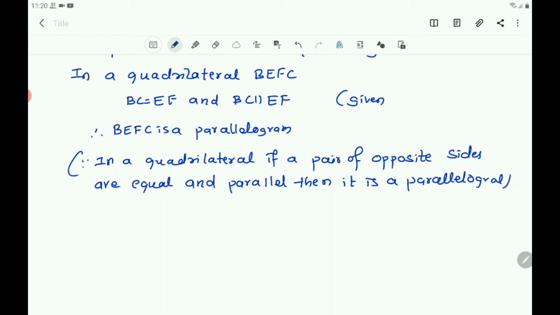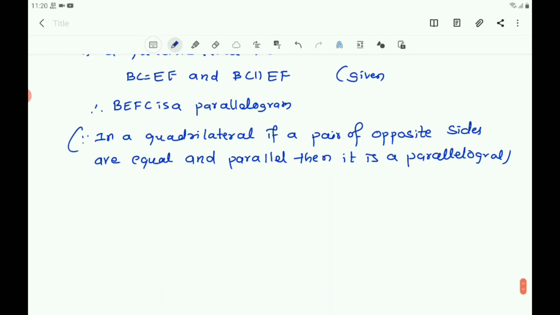So a quadrilateral becomes a parallelogram if a pair of opposite sides are equal and parallel. So you can say that BEFC is a parallelogram.